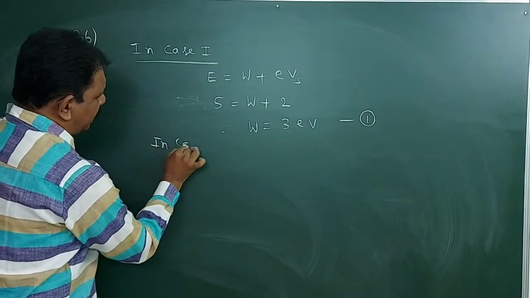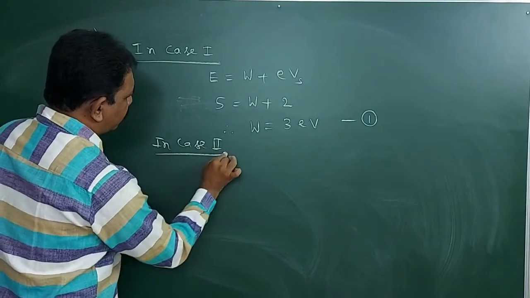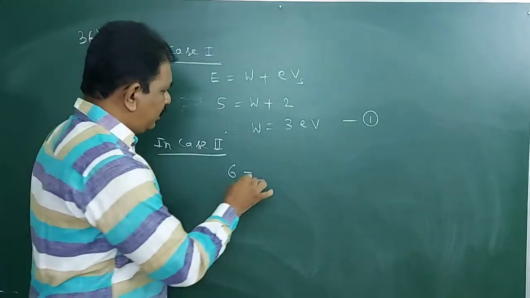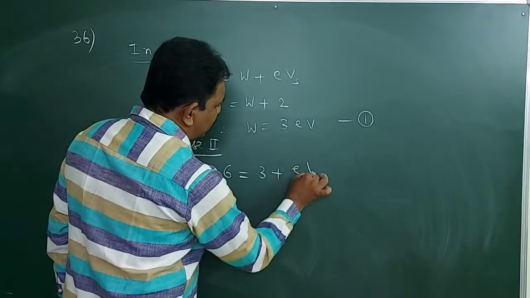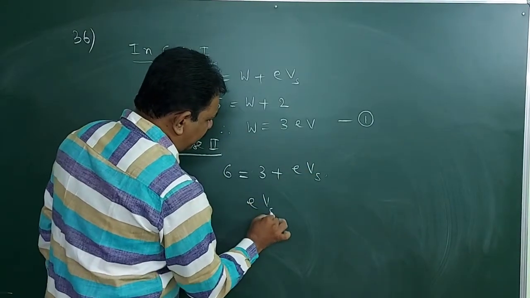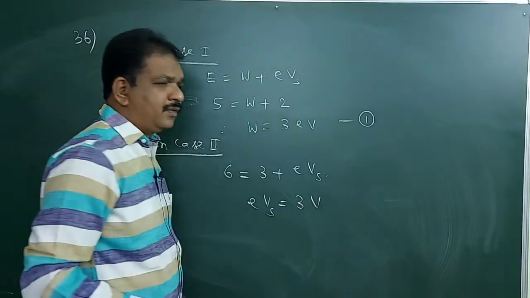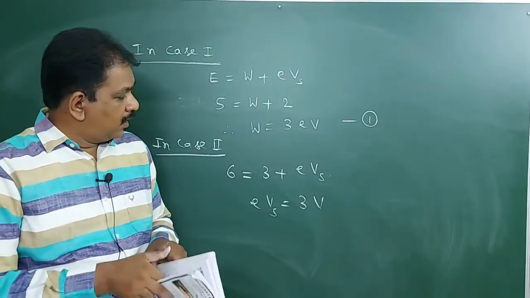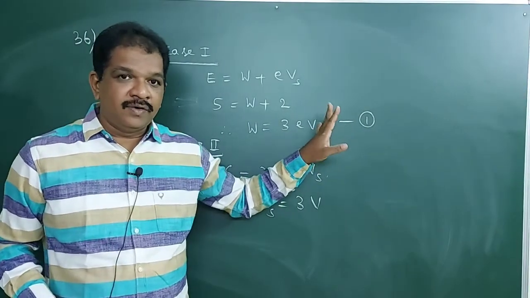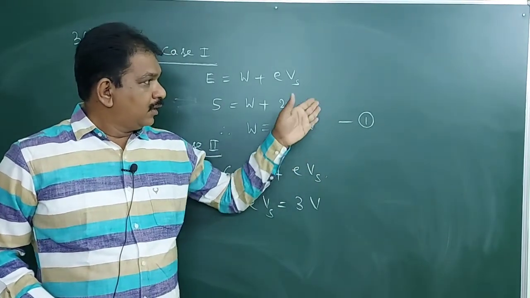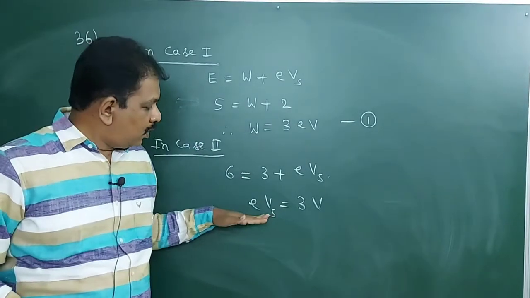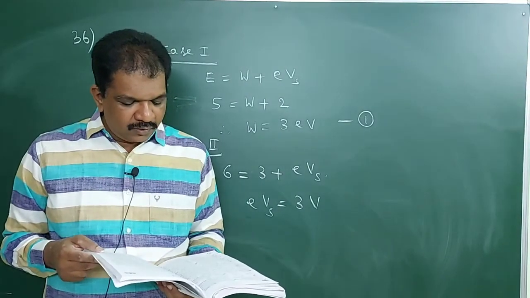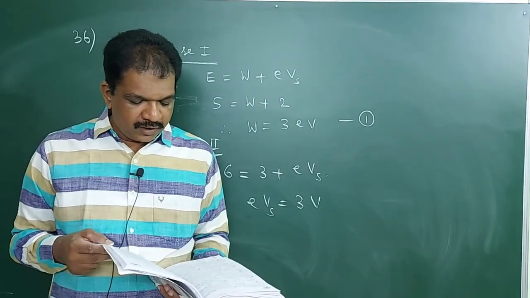Now in case 2, 6 eV is incident. W we already got as 3, plus eVs. Then eVs is equal to 3 volt. Here, they are asking what negative potential is given to the collector to stop these electrons. So that value will be equal to minus 3 volt for the collector.